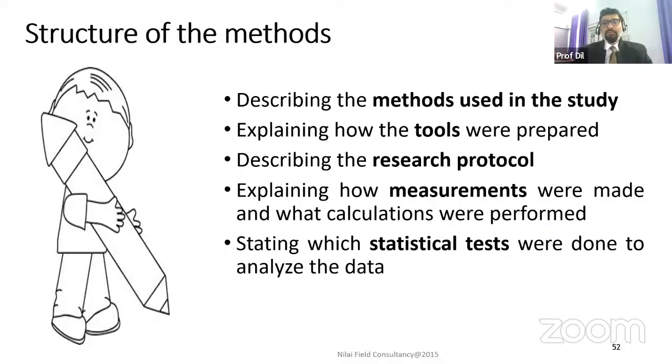Describing the methods, explaining the tools you have used, describing the research protocol and how you have followed it, how many constructs you have in your conceptual frame, how many measurements you have used, whose measurements, how many items, what is the validity and reliability, the composite reliability, and where it has been published. Likewise, please provide us this data. It's needed for reviewers. Stating the statistical test is an important aspect.